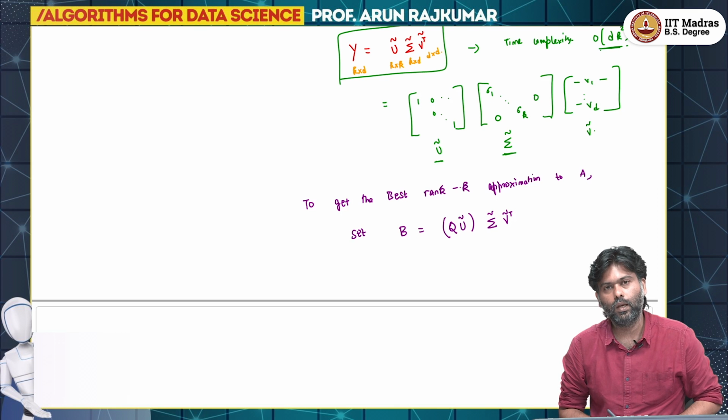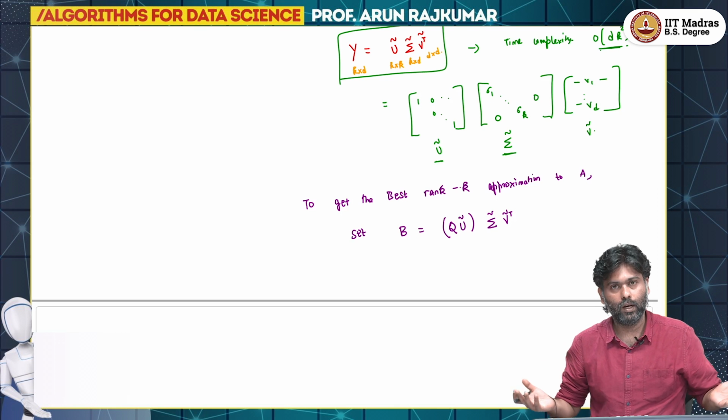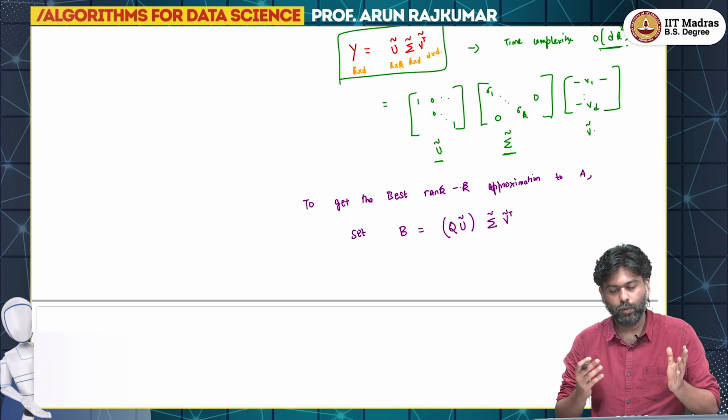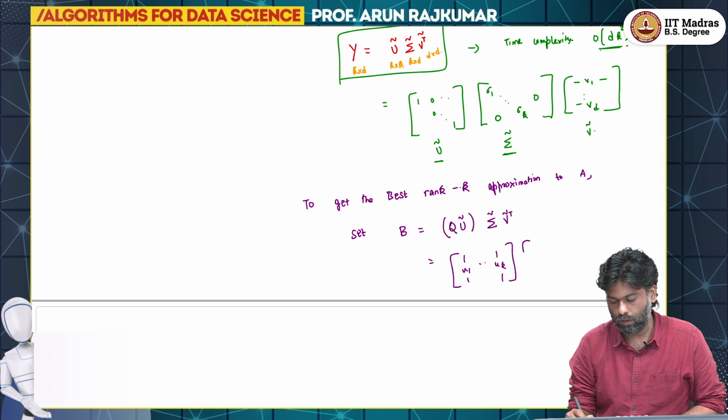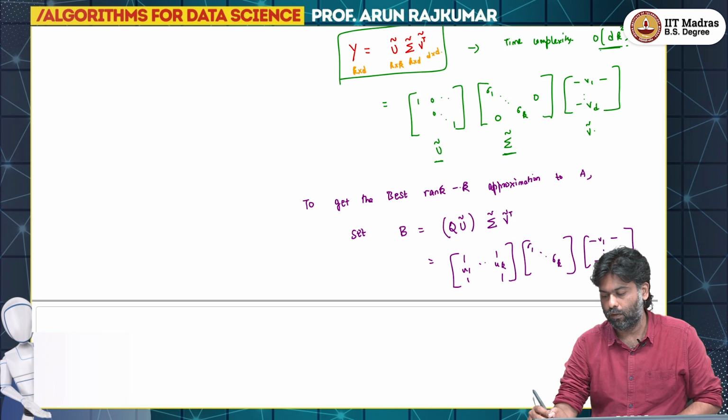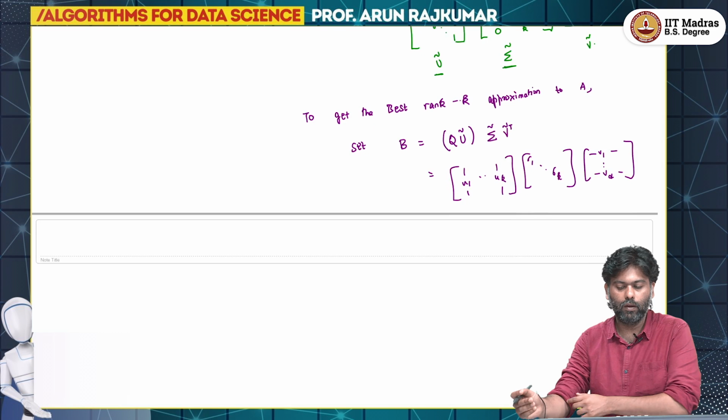That would just be what I really want, which will be U1 to UK. So, this will just become U1 to UK, this will be sigma 1 to sigma K, this will be V1 to VK. The remaining are anyway not going to be useful, but we would get that.